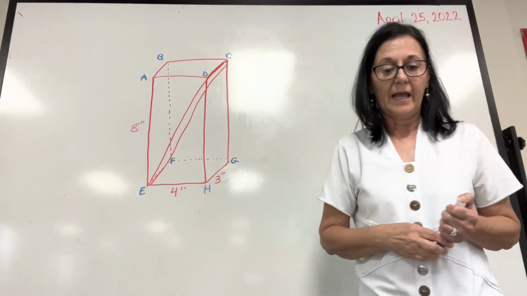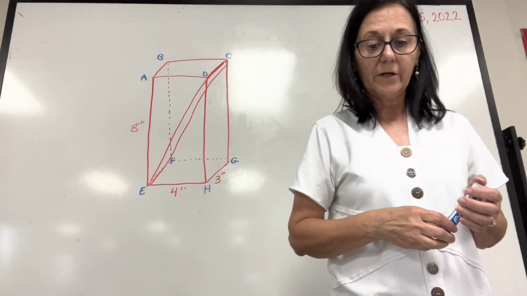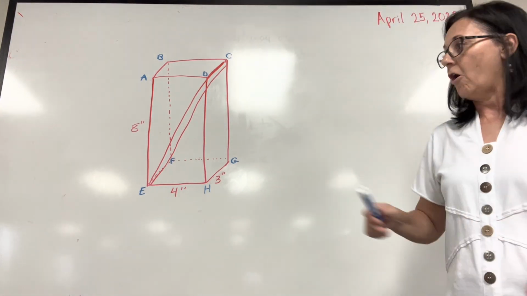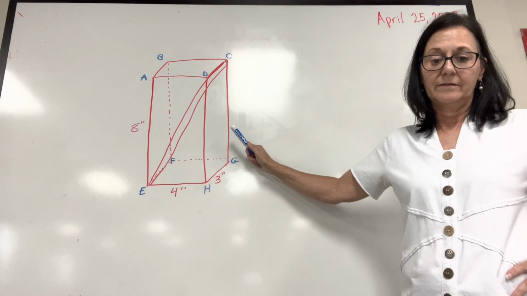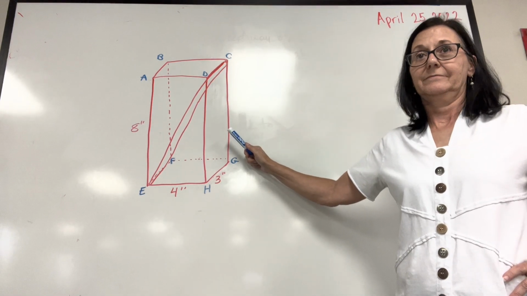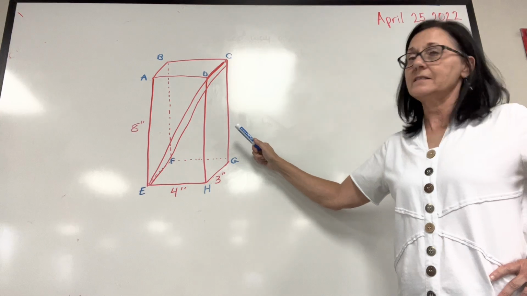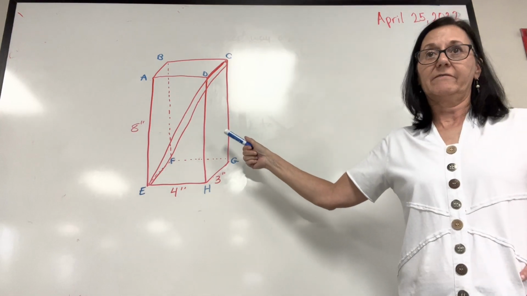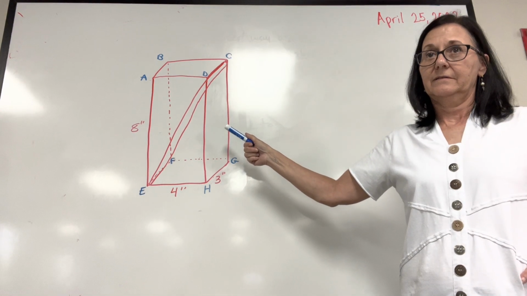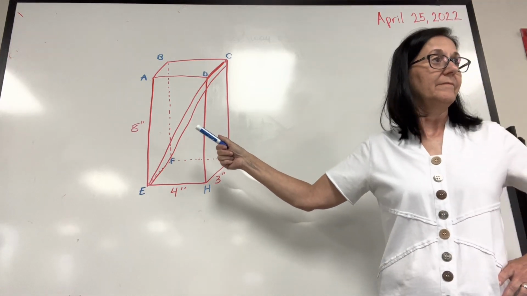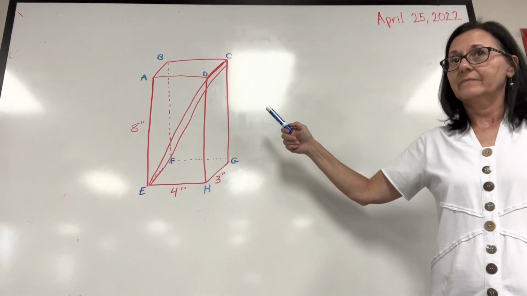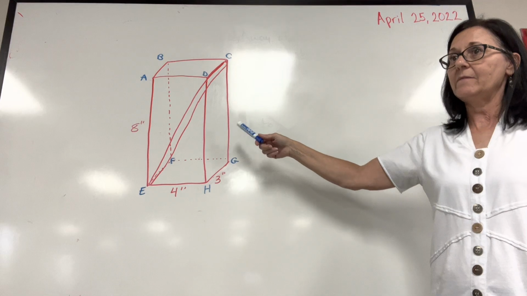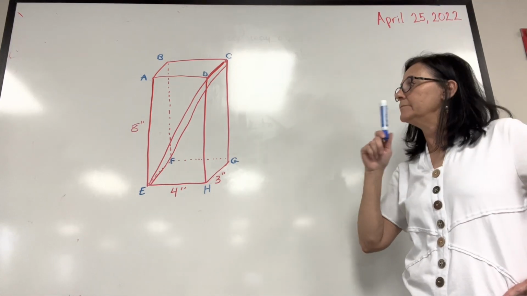Look at the definition of a rectangular solid. It's a polyhedron, and all of its faces are rectangular. How many faces does a rectangular solid have? There's 6. Name them. David, name a face.